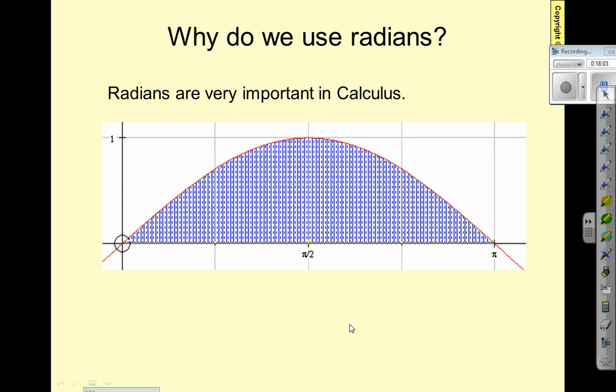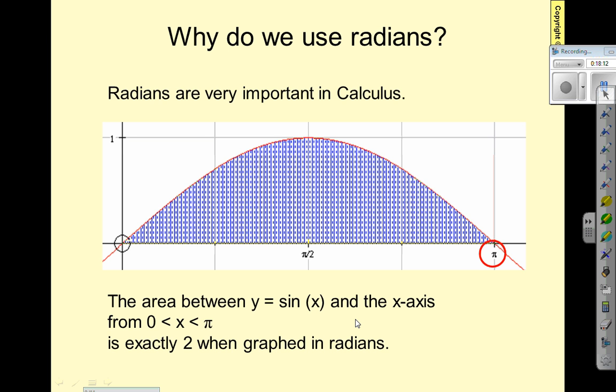Turns out it's not 180 degrees anymore, but for some reason there's a pi sitting out here, but it's the same part of the curve. And the area used to be 114.6. The area is now exactly 2. And again, if I had to choose to deal with 114.6 as an area or 2 as an area, I would choose 2. So lots of nice things happen in calculus when you're in radians. Lots of ugly things happen in calculus when you're in degrees.